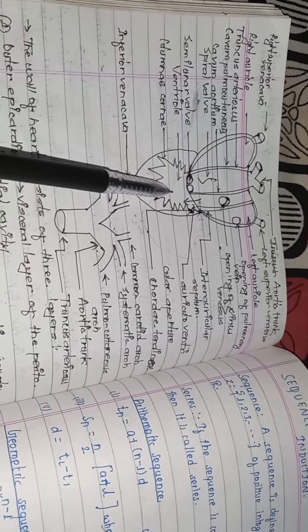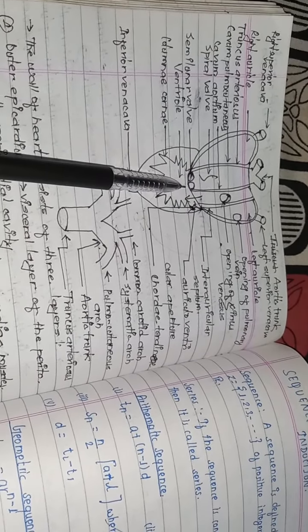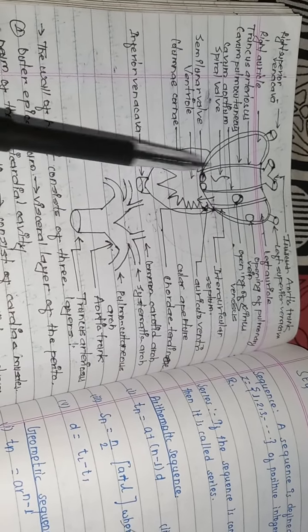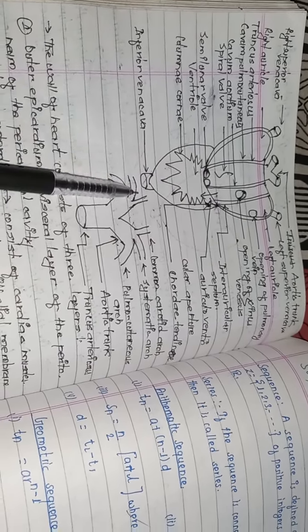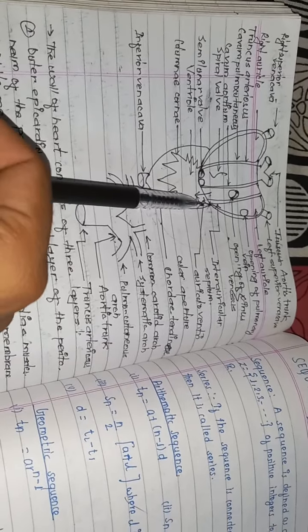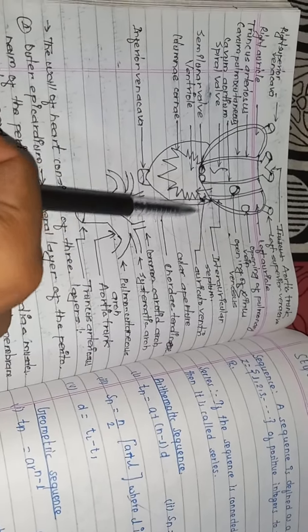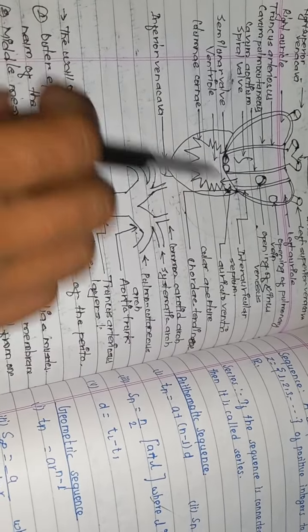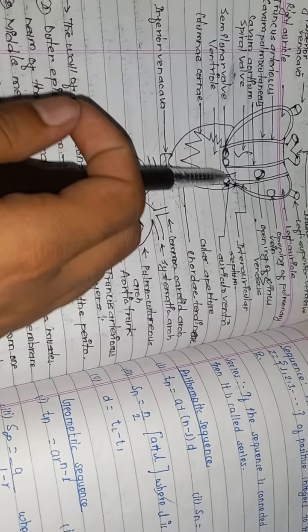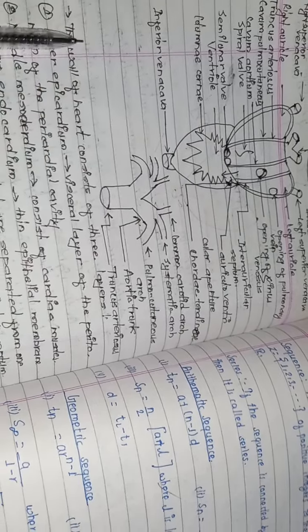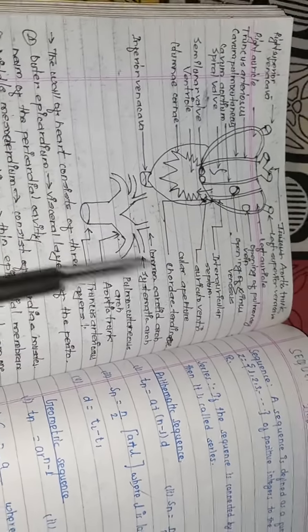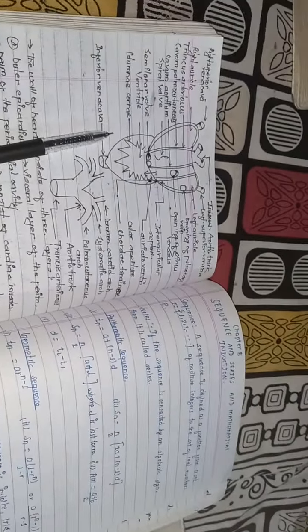Columnae carneae help in not mixing the oxygenated and deoxygenated blood, according to the modern view. This is the inferior vena cava. There is an opening called the auriculoventricular aperture, and downside you can see the chordae tendineae, which provide support.